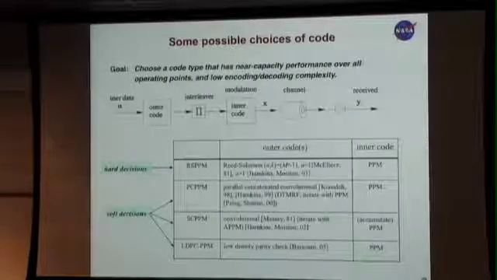How can we choose a code? Again, this has been a result of several studies over the past decade. Reed-Solomon is a natural choice for PPM because the alphabet of a Reed-Solomon code is a symbol in a higher order alphabet, and it can be matched with the PPM alphabet. A lot of work has been done on that for 3 decades.